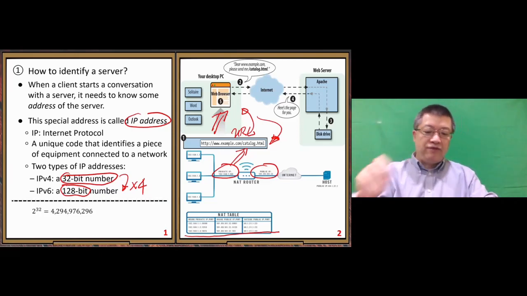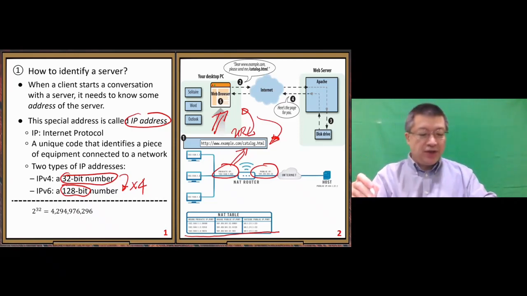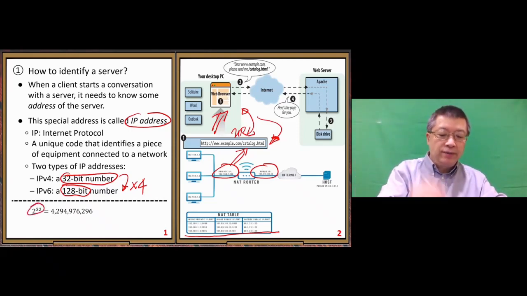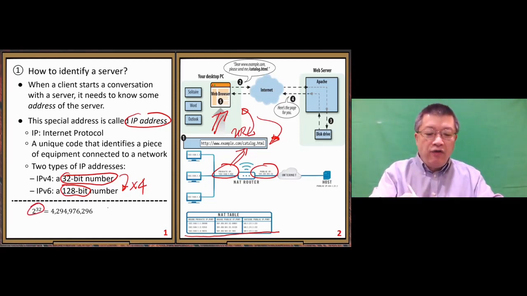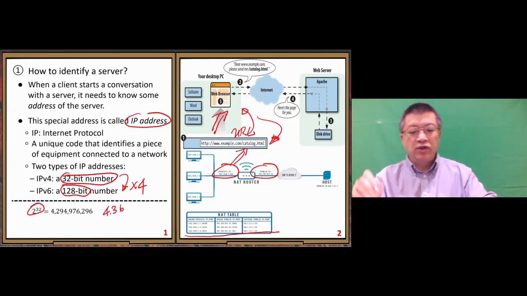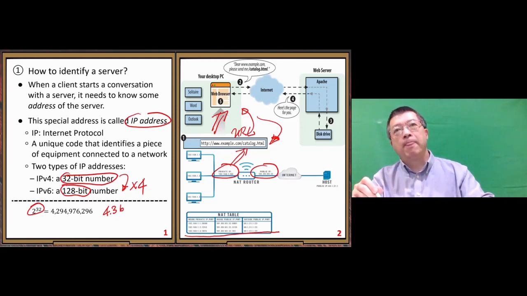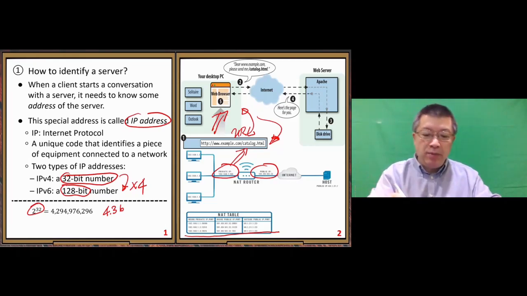For the number of IPv4 addresses, 2 to the 32nd power, you can see approximately 4.3 billion. But think about it, currently there are more than 6 billion people in the world.